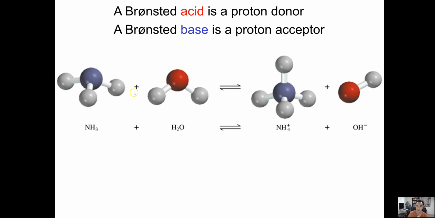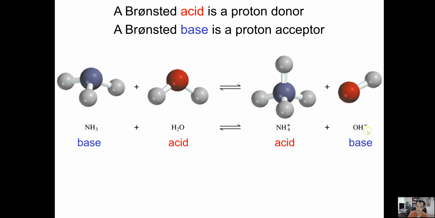In order to classify it as an acid, one of these has to donate a proton to the other one. In this case, you see that the H2O is acting as the acid as it becomes the hydroxide. Here it's actually missing that proton, while the NH3 accepts it, so that becomes the Bronsted base. So here's your acid, there's your base, and this is your acid, and now that's your base.